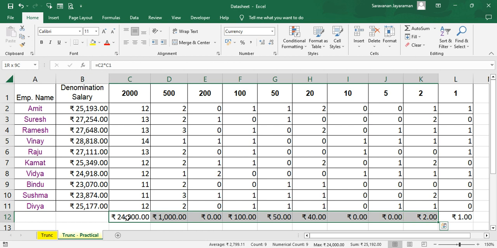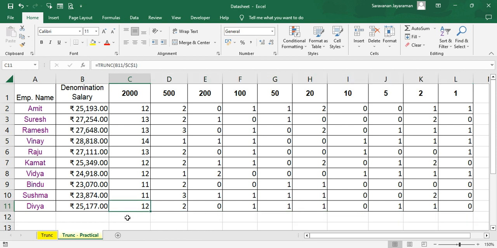Then 2 rupees, so it becomes 25,192, and 1 more rupee pending, which will be given by a 1 rupee coin. So the total is 25,193. You put this formula and give the salary accordingly. This is a practical example I have shown, and it is used in many small companies where they give salary by cash.